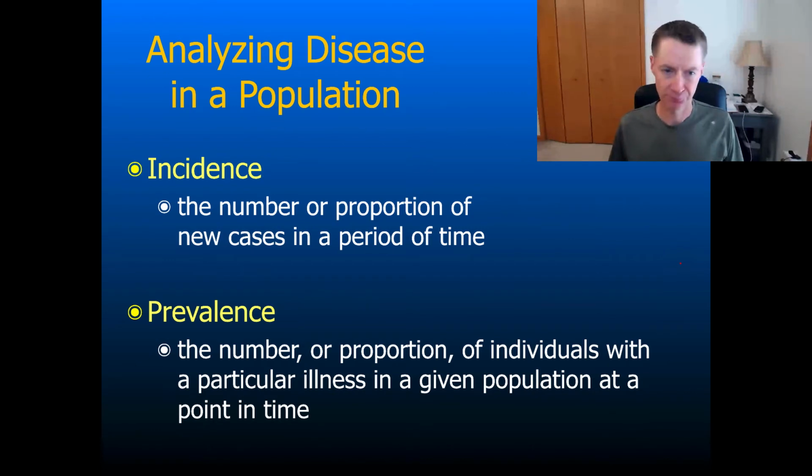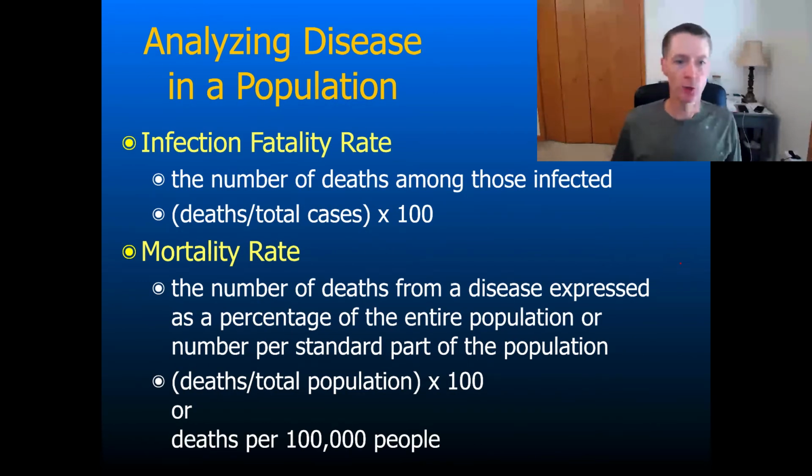All right, using incidence and prevalence, but more so incidence here, we can actually calculate an infection fatality rate. And this sometimes is called a case fatality rate because we're talking about anybody that is in fact infected. Okay, so the number of deaths among those infected would be the fatality rate.